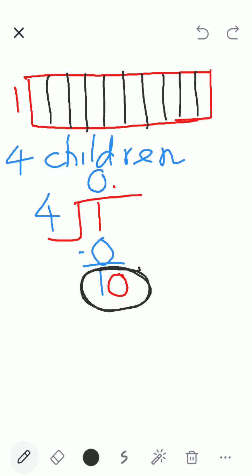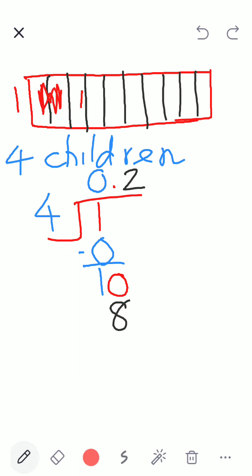So now that I divided 10 pieces, how many pieces can each child get among 4 children? 4 twos are 8. So each child will get 2 pieces: 2 pieces to one child, 2 to the second child, 2 to the third child, and 2 to the fourth child. So 8 pieces gone. And how many pieces are remaining?